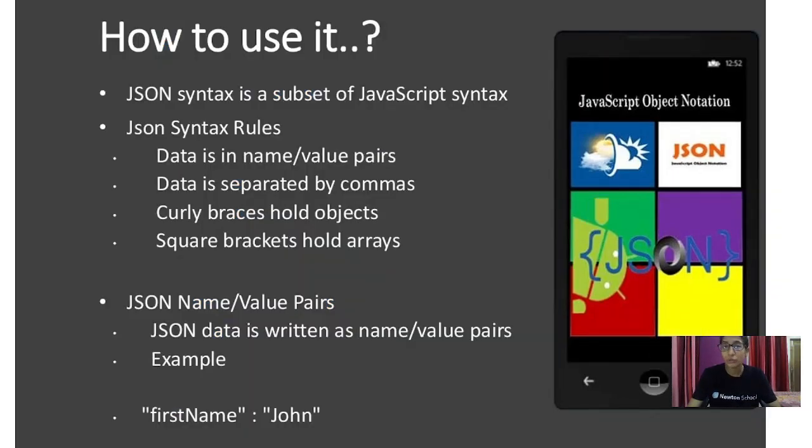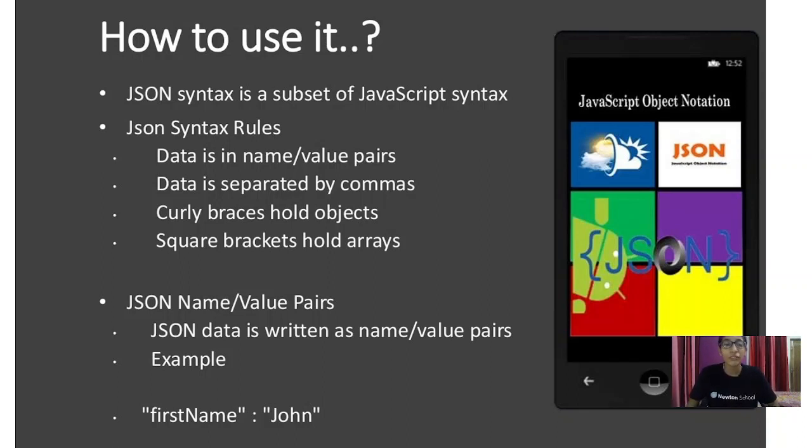Now, how do we use a JSON file or JSON syntax? JSON syntax is just a subset of the JavaScript syntax. The rules are: first, square brackets hold arrays; second, curly braces hold objects; third, the data is separated by commas; fourth, the data is a name-value pair, a key and a value, as compared to the dictionaries we have.